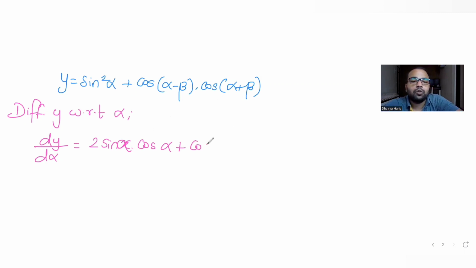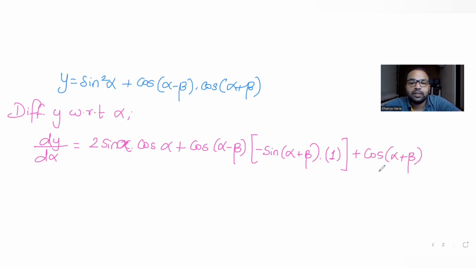Keeping u the same, the derivative of cos(α+β) becomes minus sin(α+β) into the derivative of α+β, that is 1, because beta is a constant. Now keeping cos(α+β) as it is, the derivative of cos(α−β) becomes minus sin(α−β) into 1.